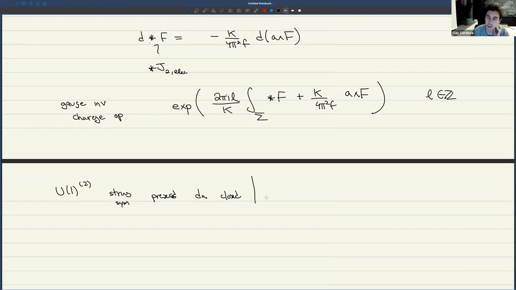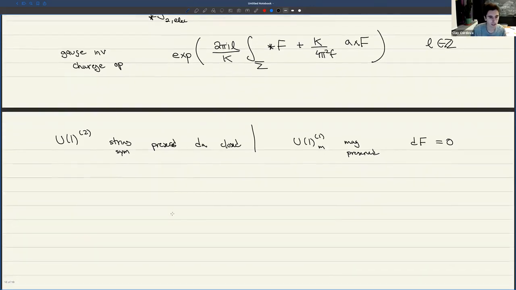No amount of fiddling with adding interactions involving an axion is going to change the fact that dA is closed. A similar thing applies to this magnetic symmetry. This is also preserved, and that's just because dF is 0. Again, no fiddling with interactions is going to change that. We have to do something more drastic to violate the magnetic symmetry or the string symmetry.